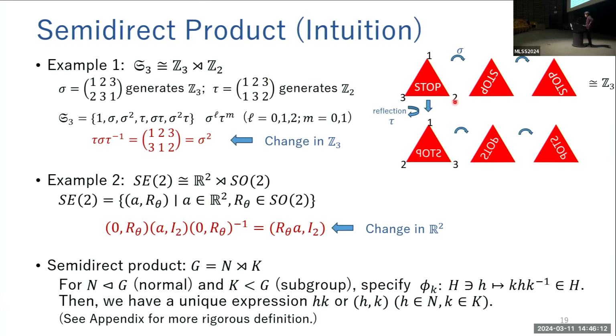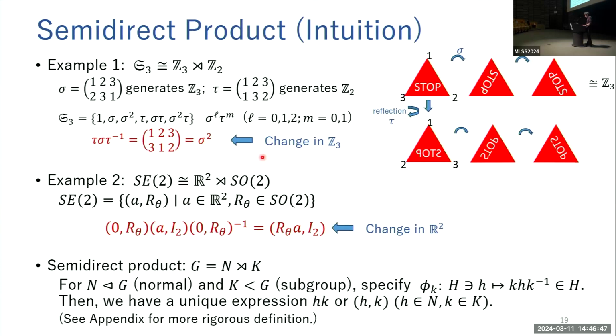So we see that there is a subgroup Z3 within the symmetric group S3. And also the reflection, in this case the flip between 2 and 3, makes a subgroup of two elements, right? This is just simple. The inverse is, again, tau in this case.